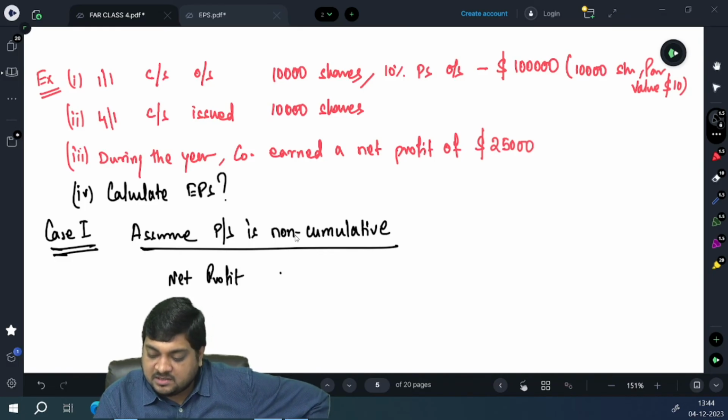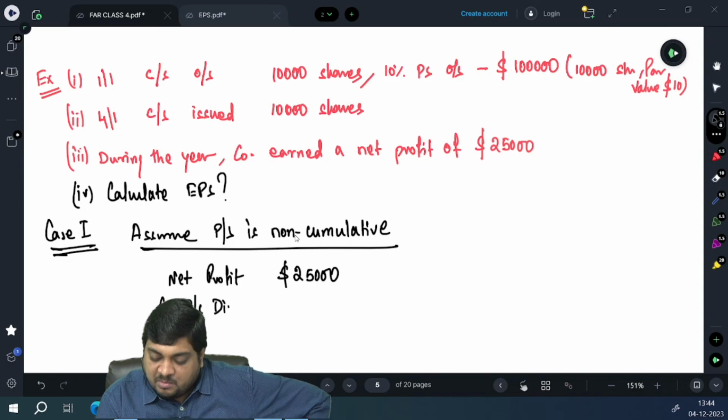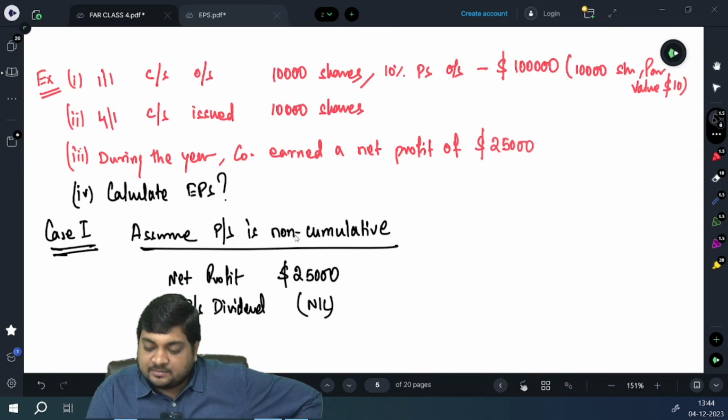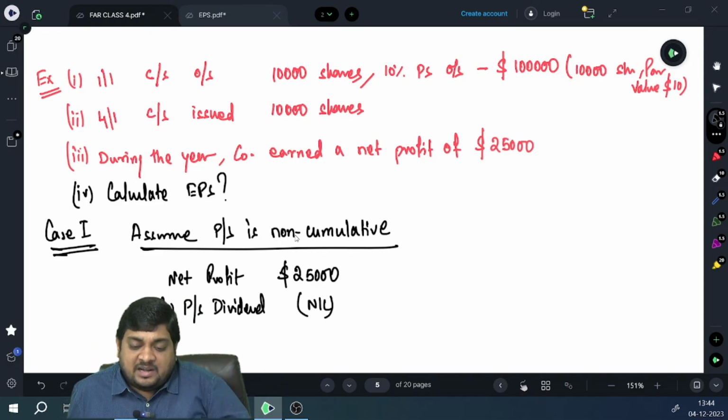Net profit is $25,000 less. Preferred stock dividend is nil because they haven't said that it's declared. For non-cumulative, they have to mention separately that we have declared preferred stock dividend.